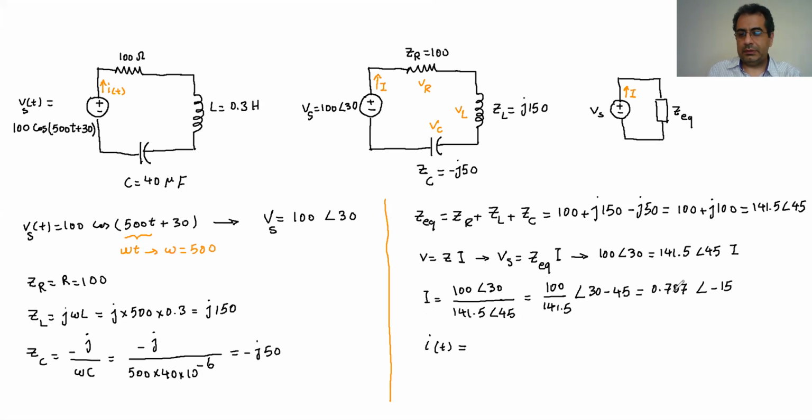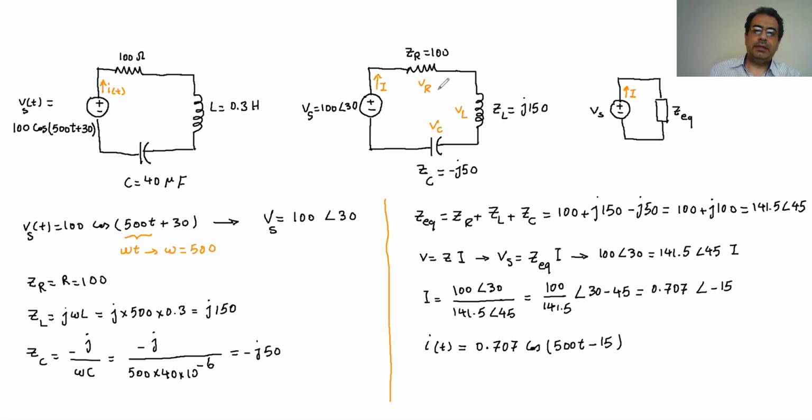So this is the amplitude, cosine of omega, which is 500 t, plus theta, which is going to be negative 50. So this is the I(t) that we have here, in case we want to know how much the I is in the time domain.